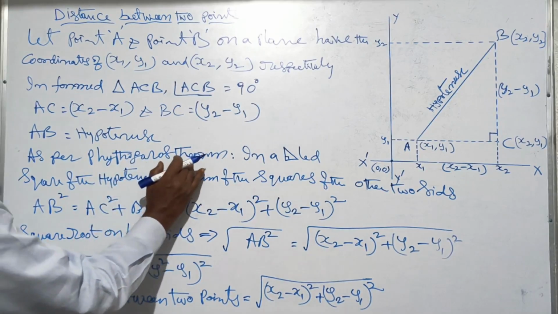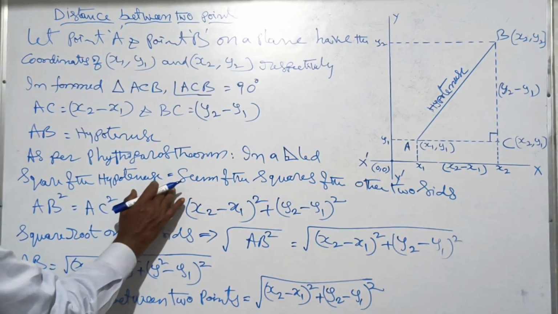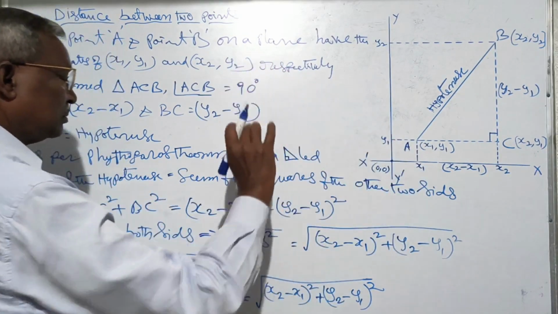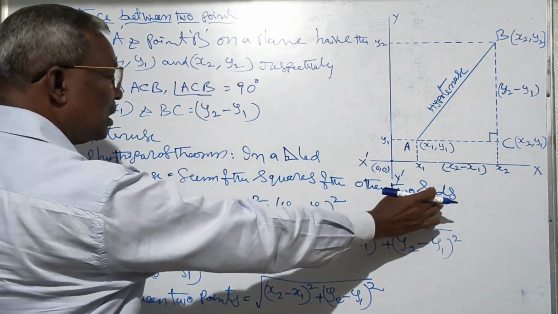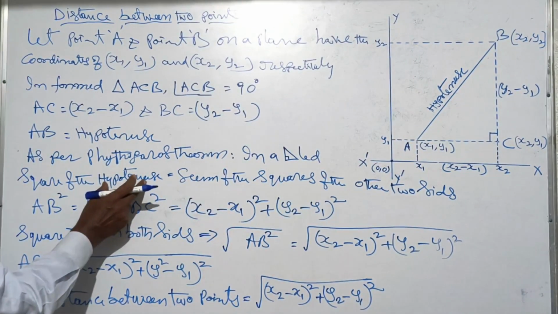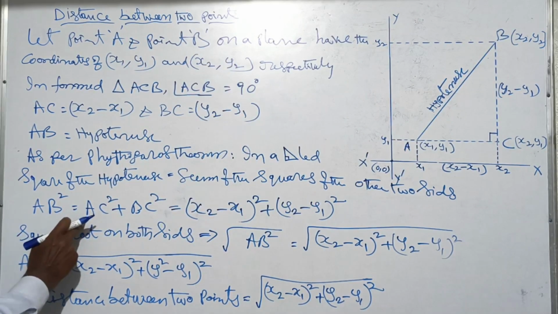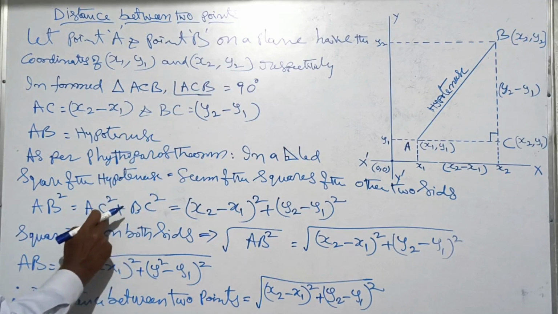As per the Pythagoras theorem, in a right angled triangle, the square of the hypotenuse is equal to the sum of the squares of the other two sides. Hypotenuse means AB. So AB square is equal to AC square plus BC square.